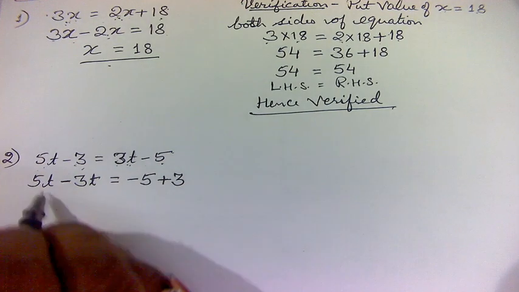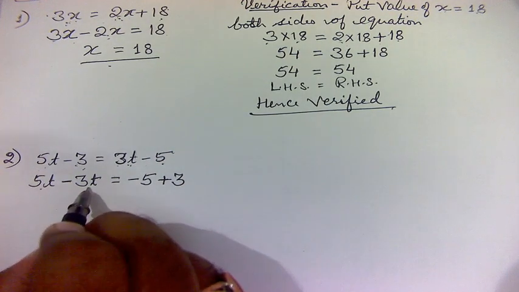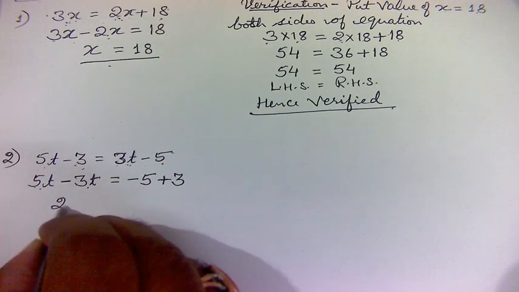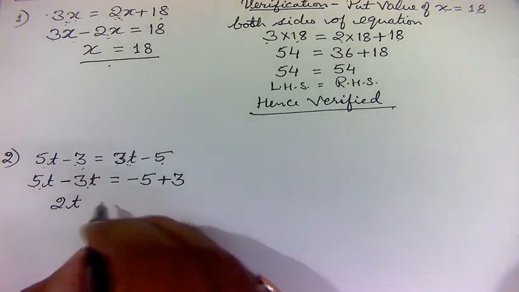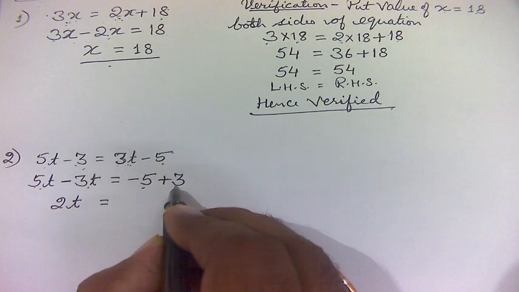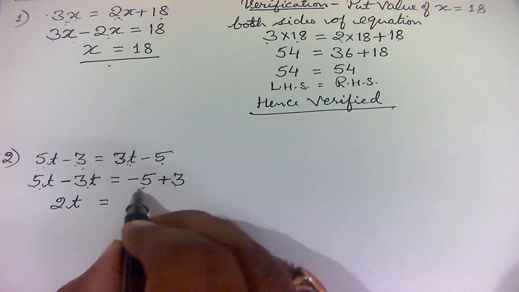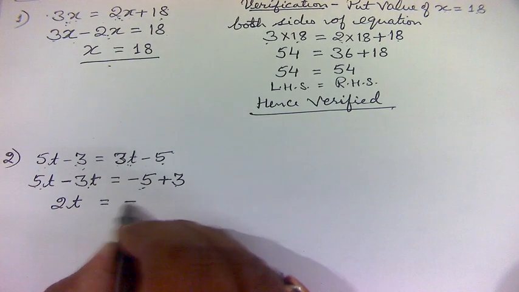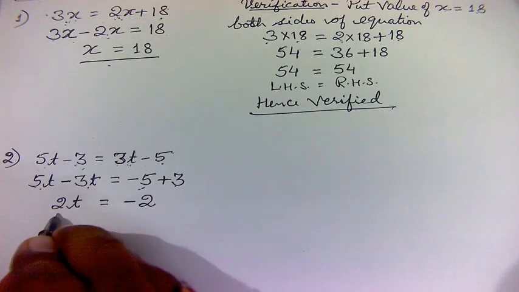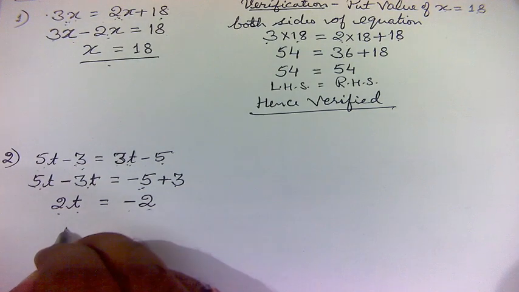Now simplify it. 5t minus 3t, 5 minus 3 is 2. So you get 2t equals minus 5 plus 3. Now these are integers. Minus 5 plus 3 gives you minus 2. So 2t is equal to minus 2.